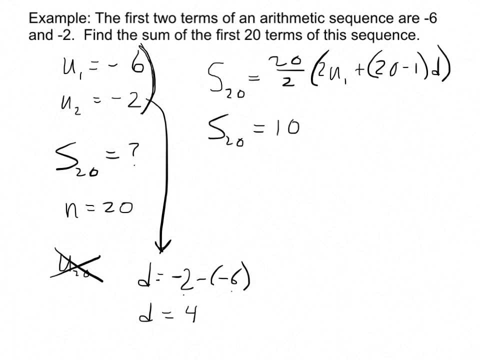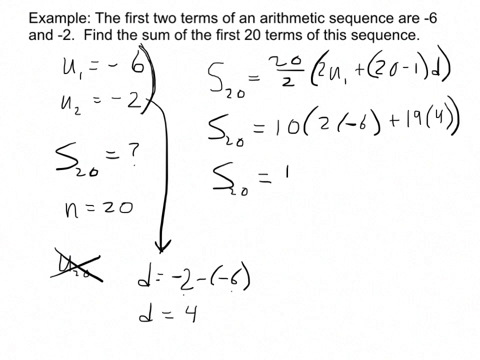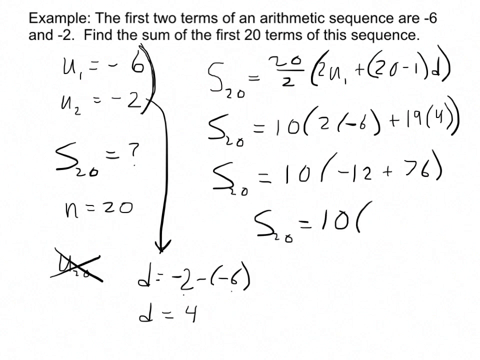So now that I have that, I can plug back in up here. S20 equals 10 times 2 times -6 plus 19 times 4. So the sum of the first 20 terms is 10 times -12 plus 76. That's 10 times 64.